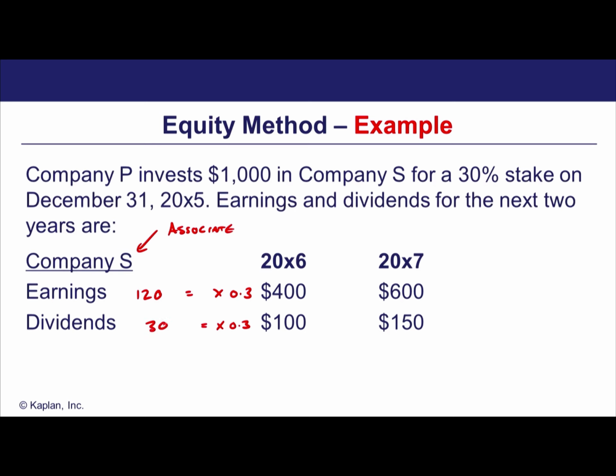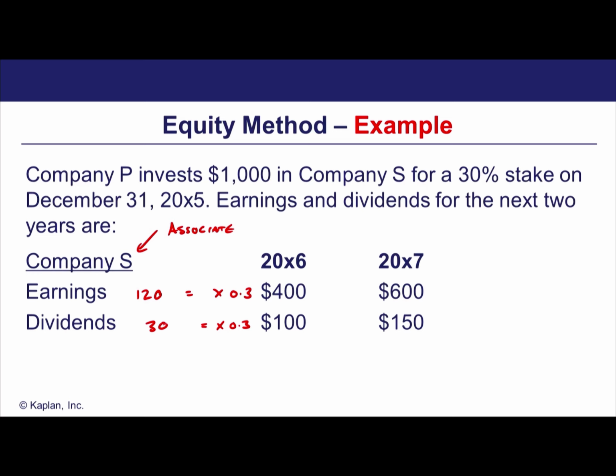Now remember that dividend is going to affect the balance sheet investment, but it's very important that it doesn't go through the income statement. If we're bringing in our share of earnings, and we also included our share of any dividend it paid in our income statement, we would be double counting. You can't include the dividend and your share of its net income, otherwise you double count. So we're going to bring in our share of its net income. We're not going to include our share of any dividend paid in our income statement.